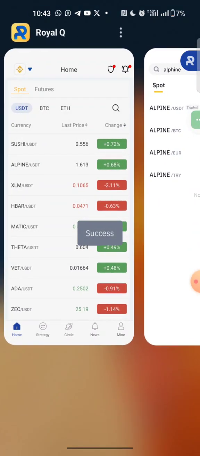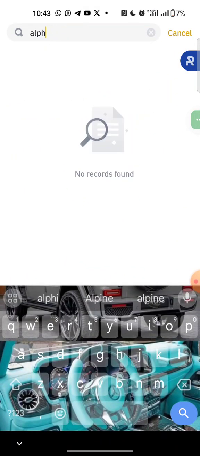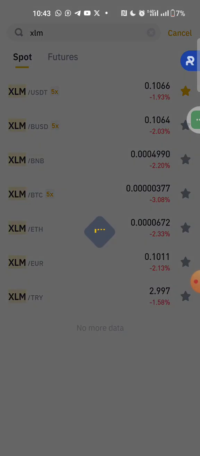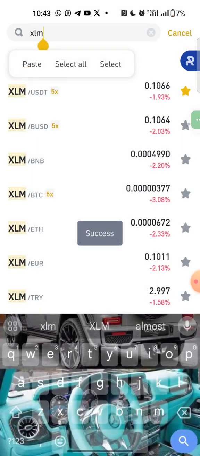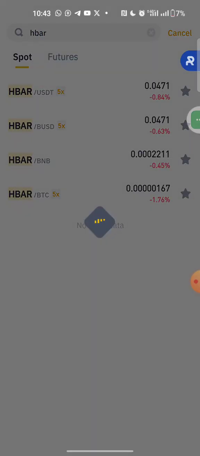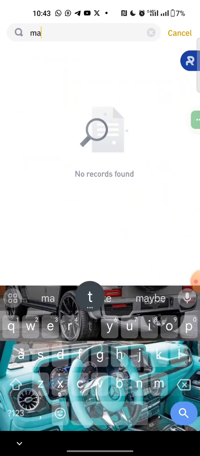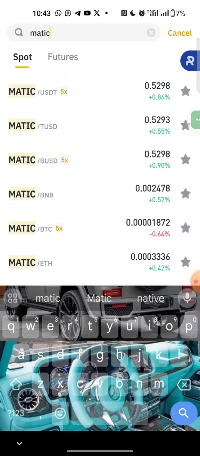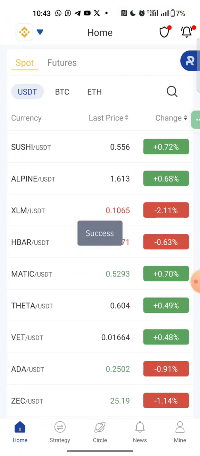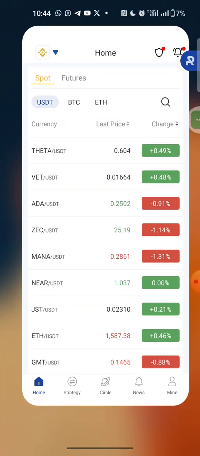Okay. We have XLM, HBAR, Matic. XLM, okay, it was already on a star. Then we have HBAR. Okay, then we have Matic. Then we have Theta, Vet, ADA.